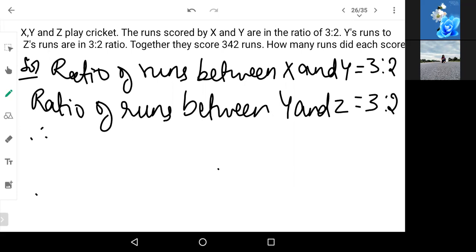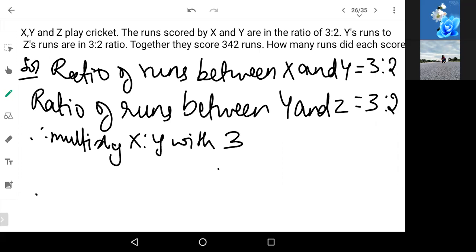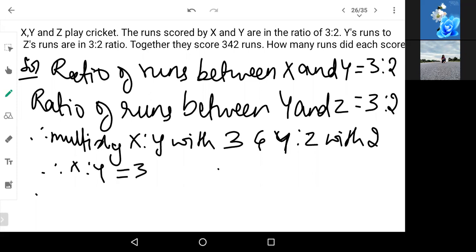So therefore, multiply X is to Y with 3 and Y is to Z with 2. So therefore, X is to Y is equal to 3 into 3 is to 2, 3 3s are 9 is to 3 2s are 6.